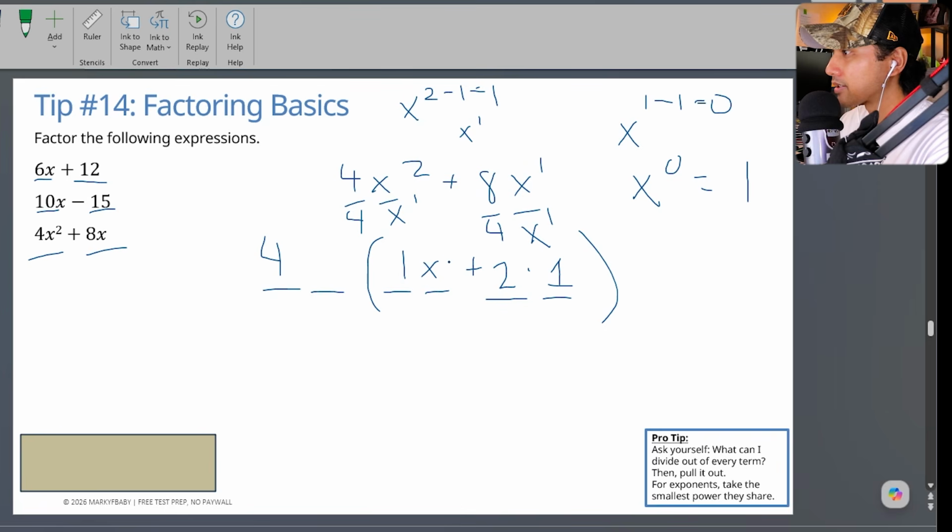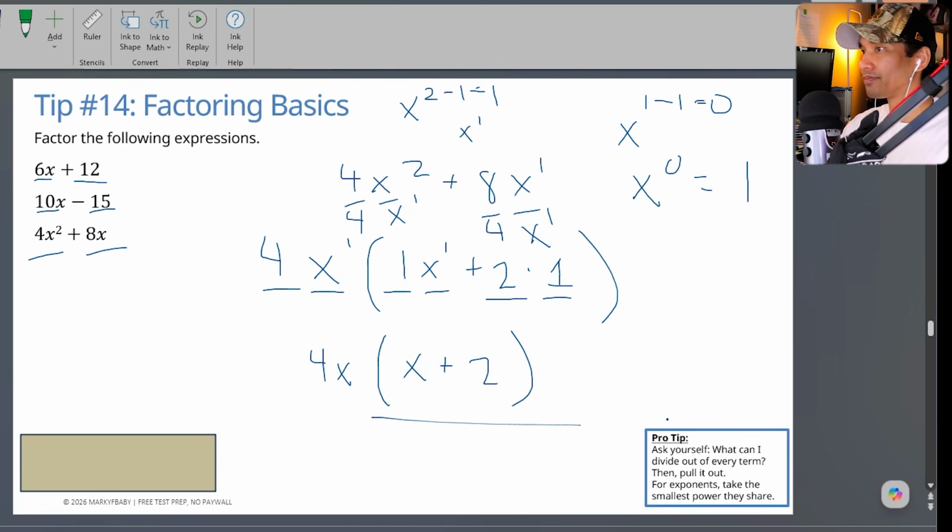So it's just x. We took out an x to the first power. So the completed expression becomes 4x times x plus 2, because 1 times x to the first power is just x, and 2 times 1 is just 2. There you go. We factored that expression.